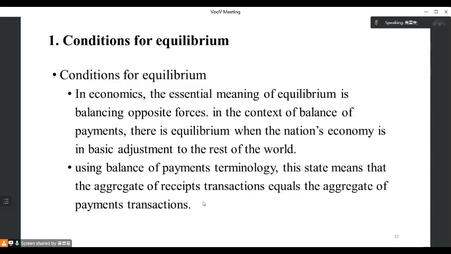From this part of the PPT, we should understand the meaning of condition for equilibrium.